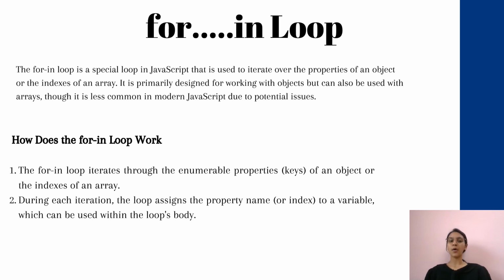How does the for in loop work? The for in loop iterates through enumerable properties of an object or the indexes of an array. During each iteration, the loop assigns the property name to a variable which can be used within the loop body.